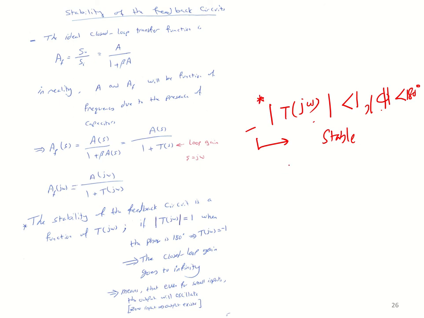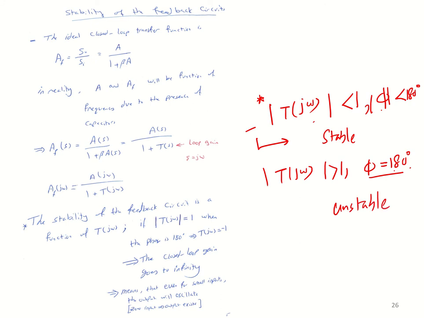And if the magnitude is greater than 1 and the phase is 180 degrees, like we are getting a phase of 180 degrees but the magnitude is greater than 1, our system will be unstable.